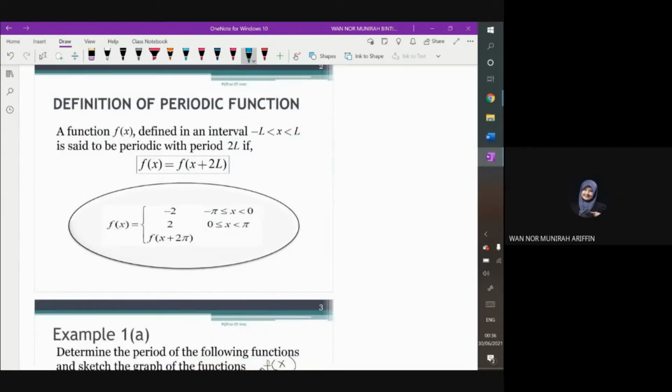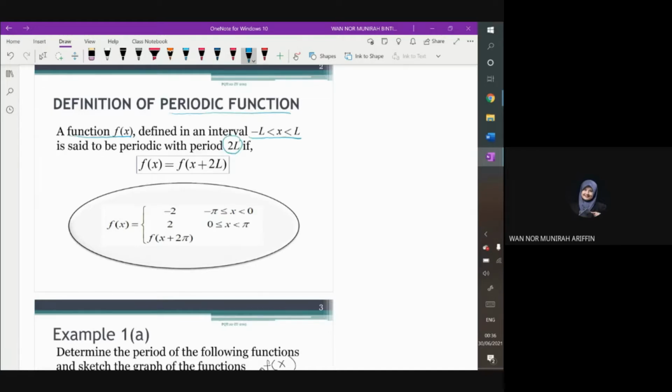Okay, we start with the definition of periodic function. As I told you in class, during our synchronous class and in the first video, the Fourier series involves the periodic function. What is meant by periodic function? It is a function f(x) which is defined over the interval x from negative L to L, and it is periodic with period 2L.